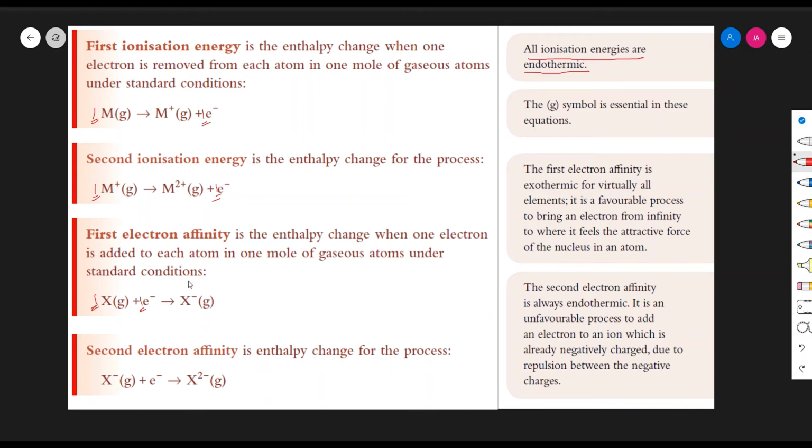We've covered this in topic 3, and we stated that the first electron affinity is always exothermic, since any atom would accept an electron to release energy and become more stable, which is stated over here. The first electron affinity is exothermic for virtually all elements. It is a favorable process to bring an electron from infinity to where it feels the attractive forces of the nucleus in an atom, and thus energy would be released to produce a more stable ion.